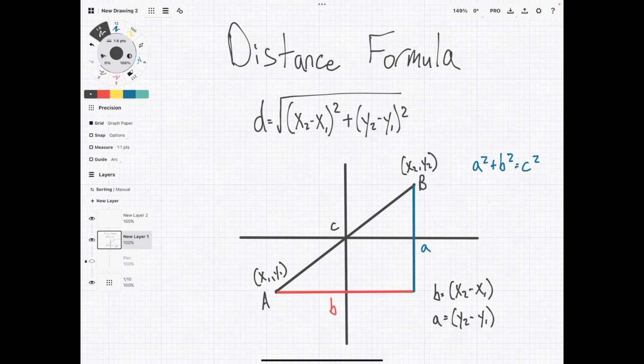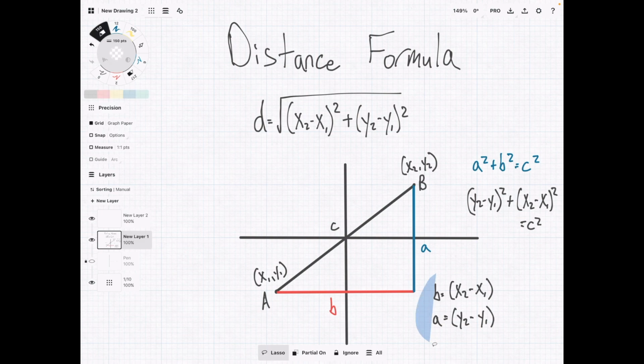Now, we plug these into this formula. We're going to get y2 minus y1 squared plus x2 minus x1 squared equals c squared.